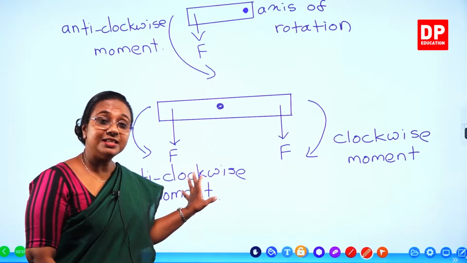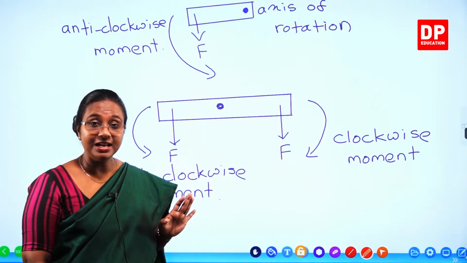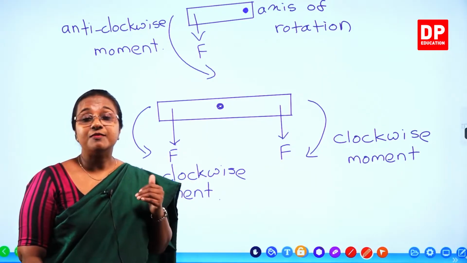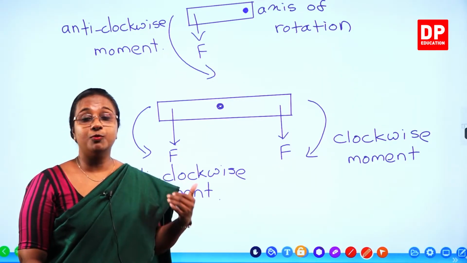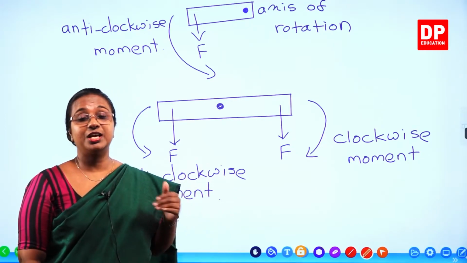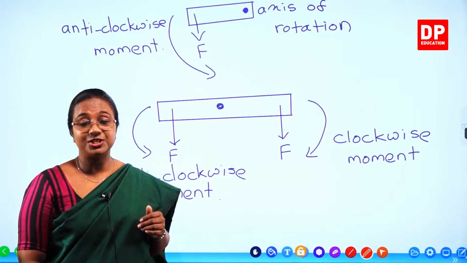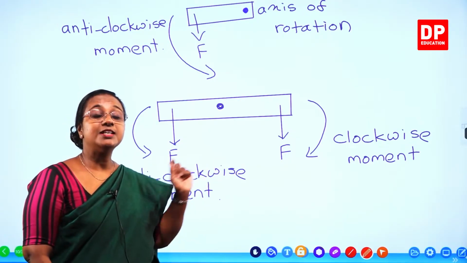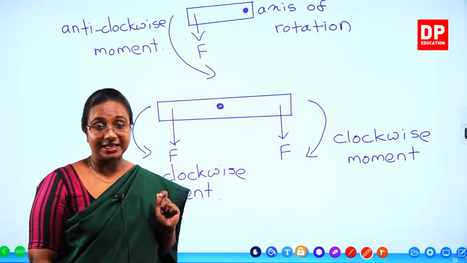We will be discussing this in more detail again. But now I am going to discuss an activity where we look at the effect of force as well as the perpendicular distance from the axis of rotation to the point of application of force. For that we need to look at two activities. First, I will move on to the first activity.